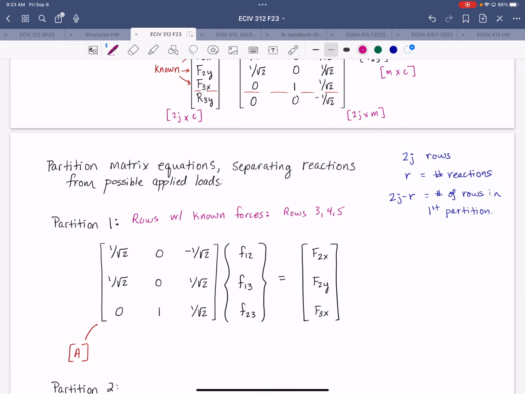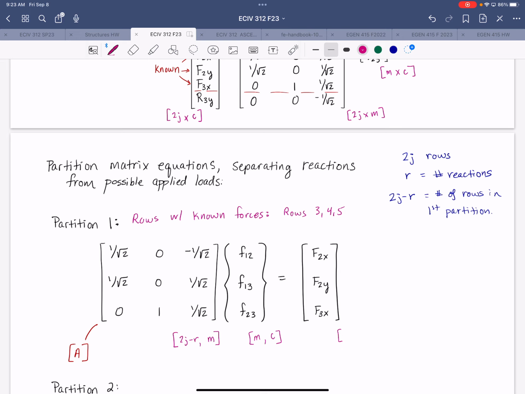All right, so we'll call the first partition A, as noted here, and the size of that first partition will be 2j minus R rows and M columns. And then we're going to have the column vector with M rows and C columns.